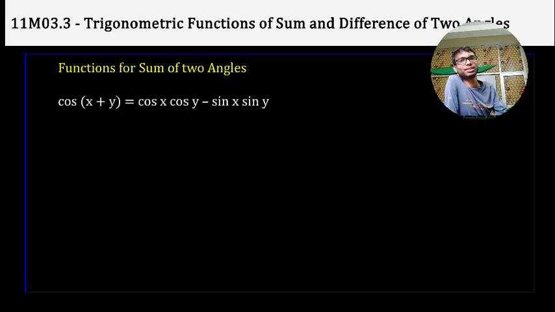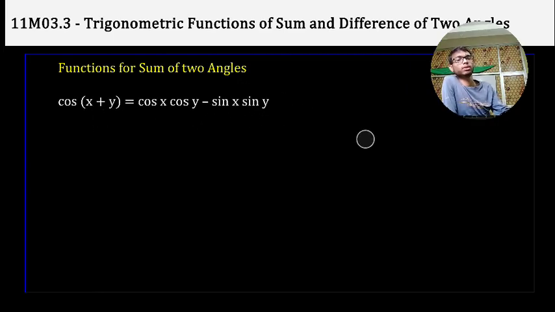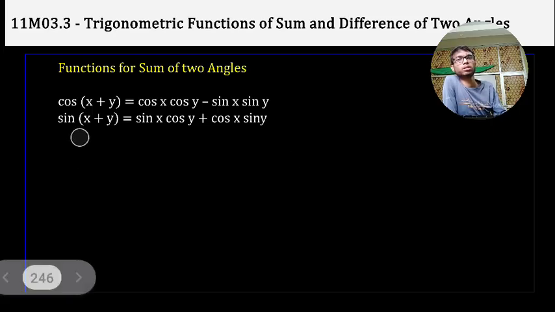Let's understand all this. It is saying that cos of the sum of the angles will be cos x cos y minus sin x sin y. Then same here, the sum of two angles of a sine function will be equal to this.